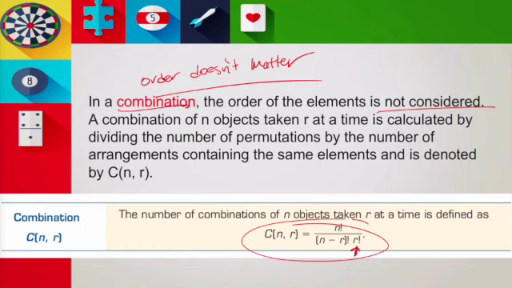So if you have 7 things and we want to take 5 of them, that's going to be 7 factorial over 7 minus 5 factorial times 5 factorial. Because of this extra term in the denominator, you end up with fewer combinations than permutations.